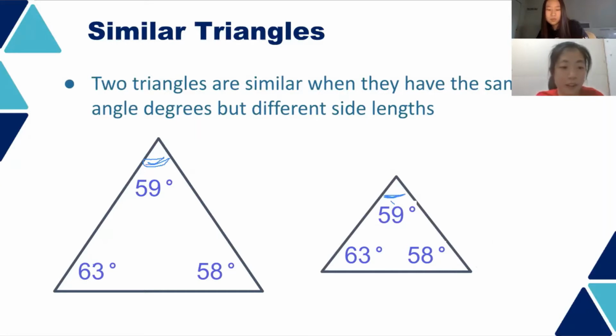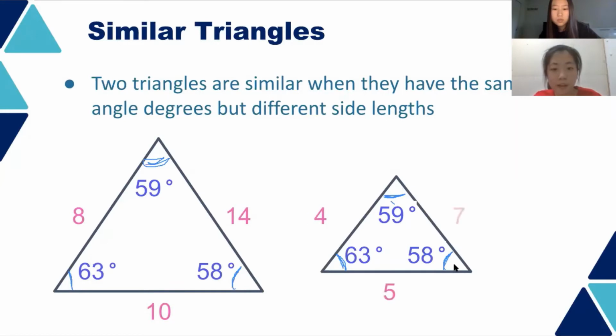While here this is 63, this is also 63 over here. And the last angle is 58, and over here it's 58 too. But since this triangle is obviously bigger, the sides are different.